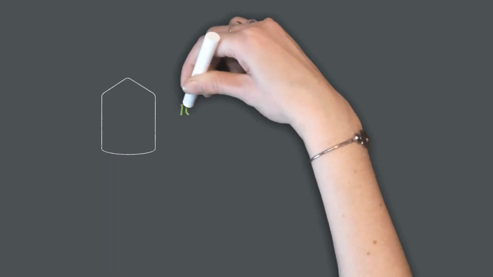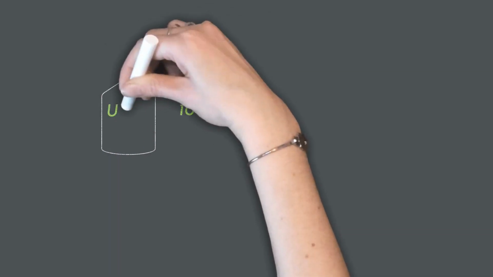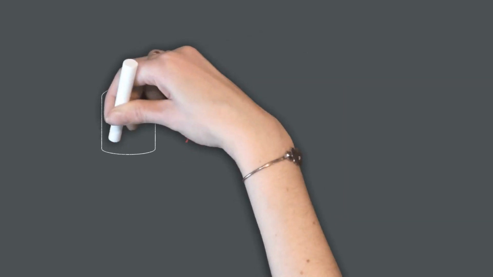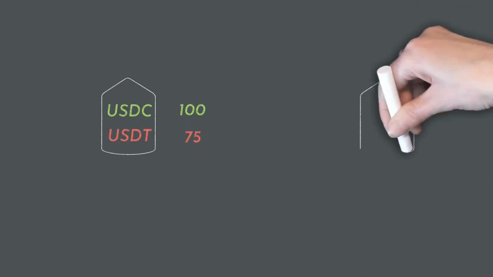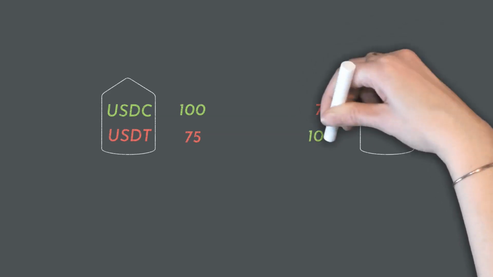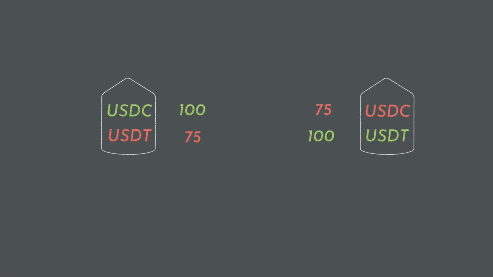Another new concept Uniswap 4 introduced is delta. Let's say a liquidity provider has a pool with 100 USDC and 75 USDT, and he wants to add liquidity of 75 USDC and 100 USDT. Previously, this would require multiple transfers between the USDC and the USDT contracts, each costing extra gas.